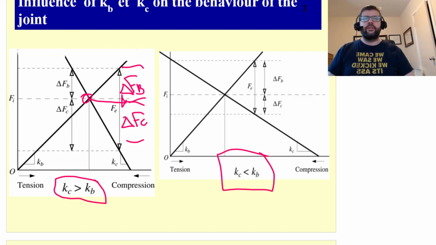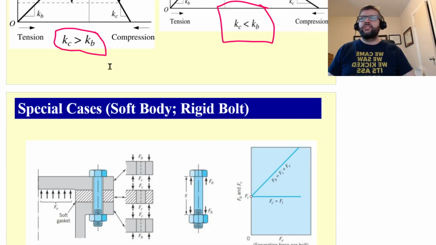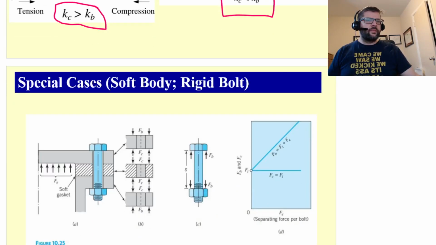There's a few cases where that may not be the case, like for example what I mentioned with the gaskets. Something like that could affect things. There's a few special cases that we can determine.